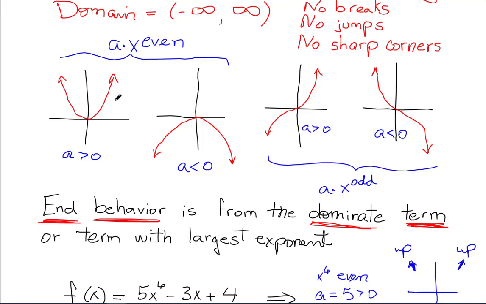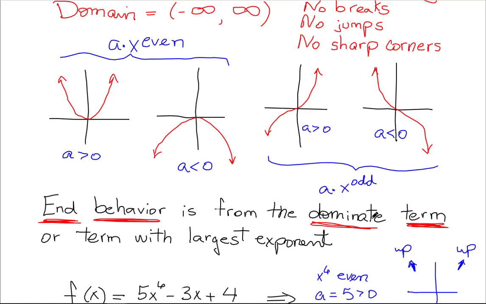And that parabola can either look up or look down depending on the lead coefficient. So whenever you have a polynomial and it just is x to an even power, it essentially looks like a quadratic function.